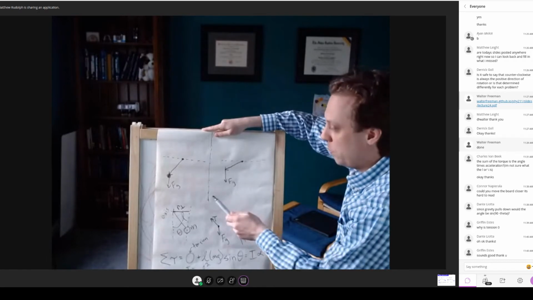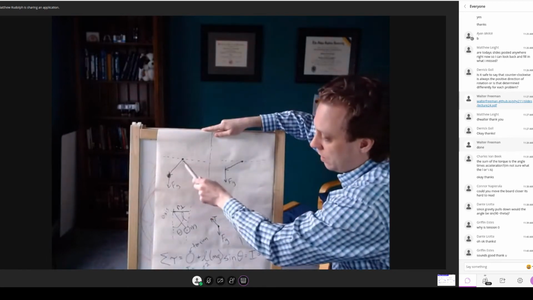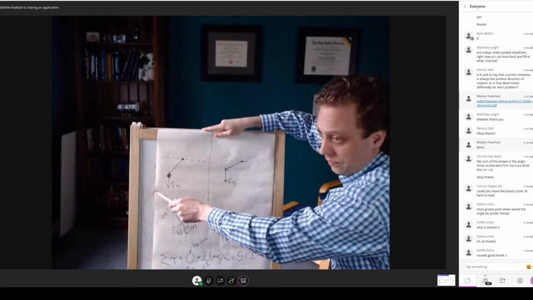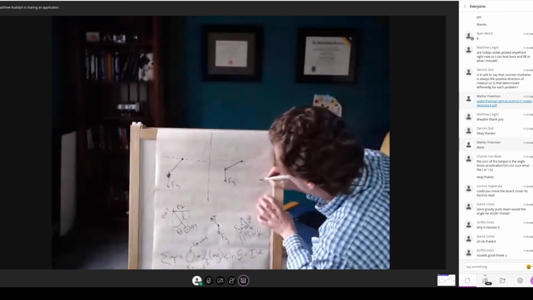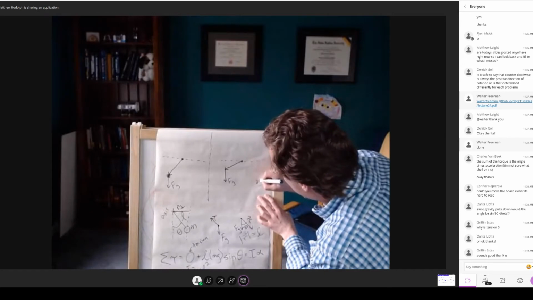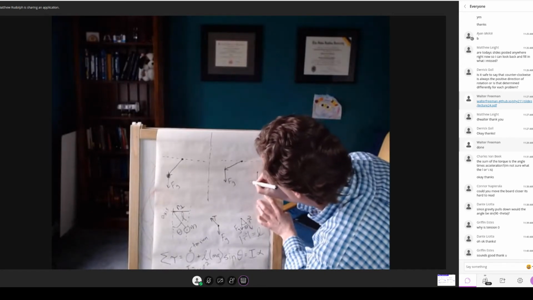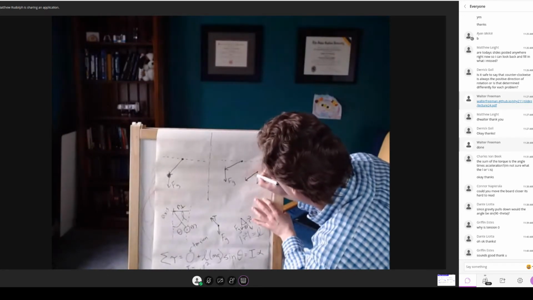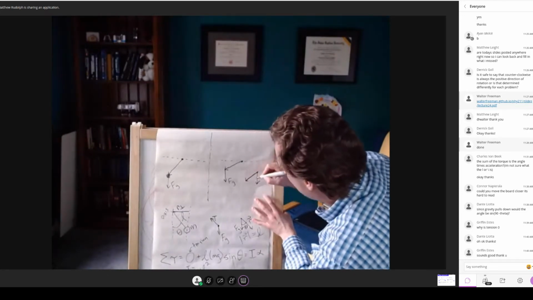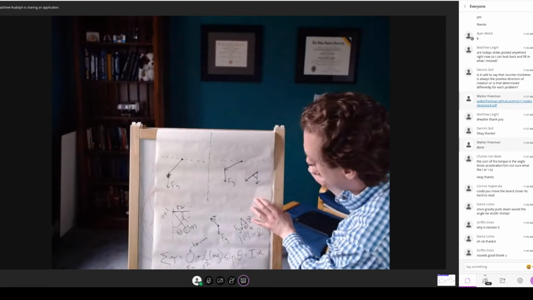Right? And so one way was you had to find the angle between the two vectors. One way you could do that is you could redraw it. And there's some angle between them here.